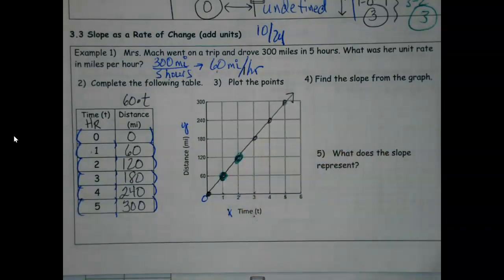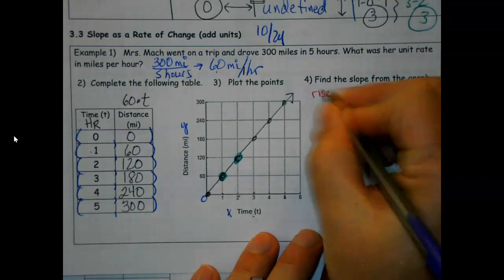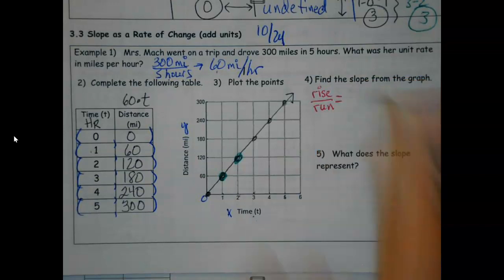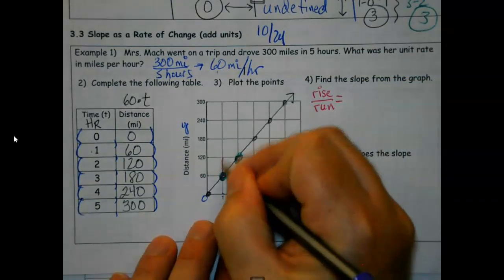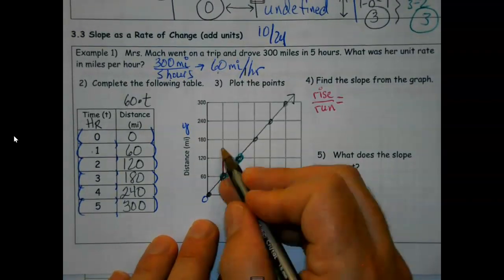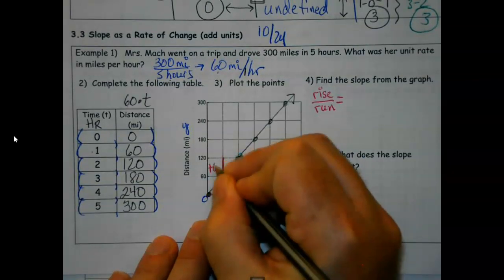And so what I'm going to do here is remember when we're doing slope on a graph, we're doing rise over run, which means we're going to do our up and down part first. So I went up, but this isn't just one. I know it's only one block, but I went from 60 to 120.